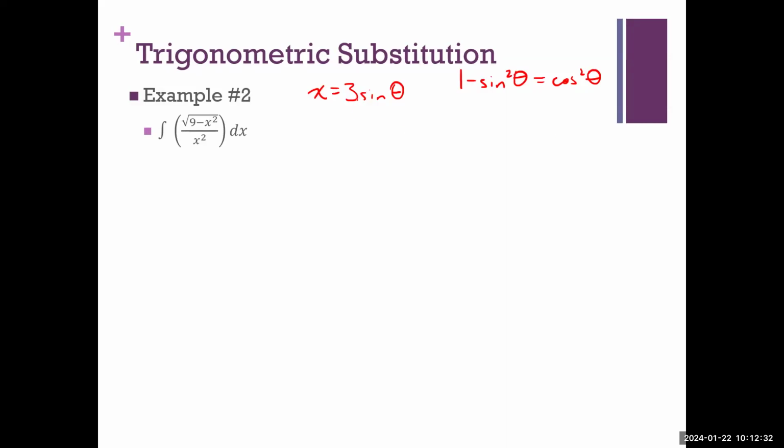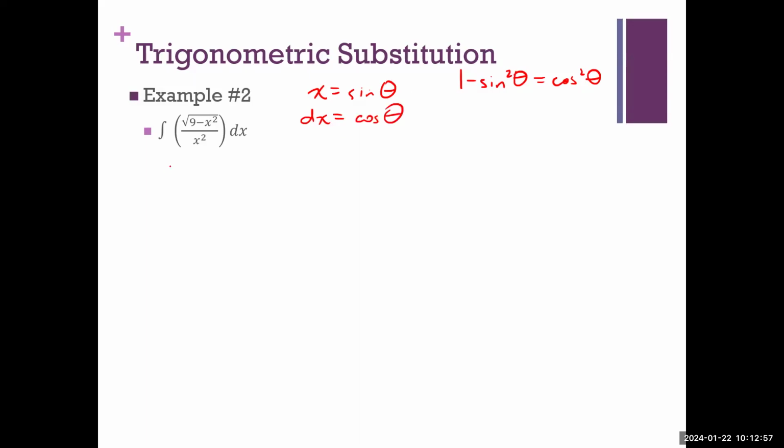Because I was expecting this to come up, I'm actually going to delete this 3 for now to show what happens. I think it has the same form, where I have a number minus the variable squared, which, just like the last one, we use sine. So let's just go back to sine theta for now. If x is sine theta, what's dx?